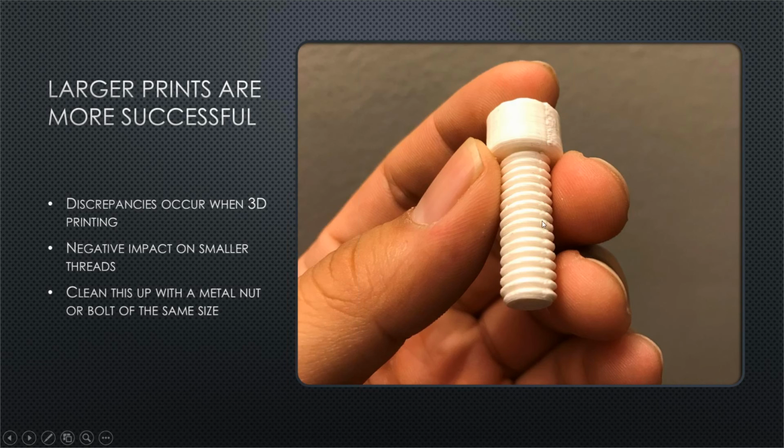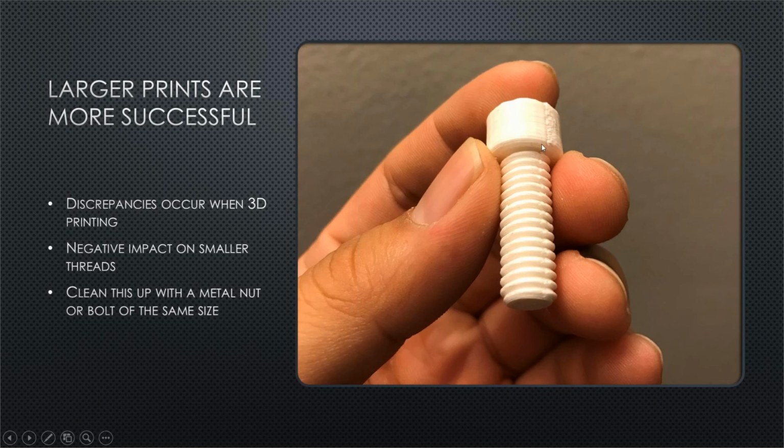You can see the little divots. And that's really crucial when it comes to printing, especially with smaller threading. But if you have a bigger thread, these little discrepancies won't affect it as much because it's so small within the tolerance. But if it's a small thread like this, then it has a big part to play with it.